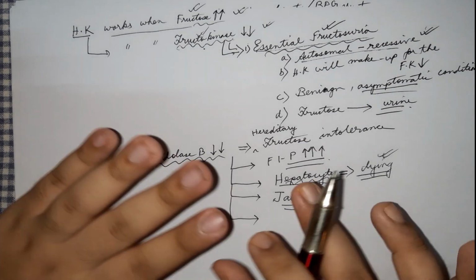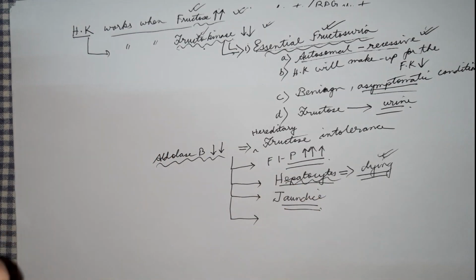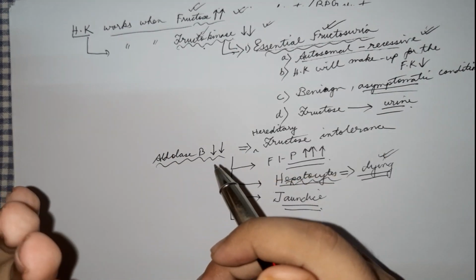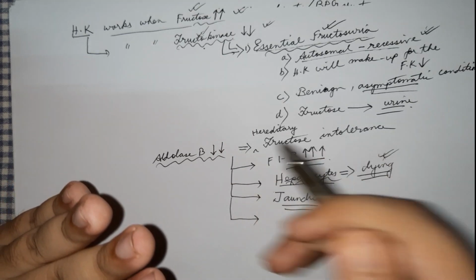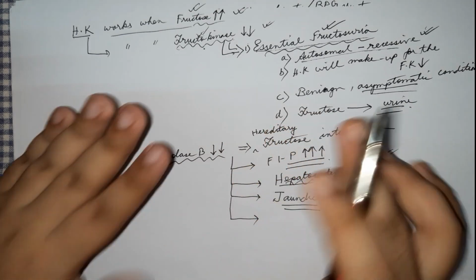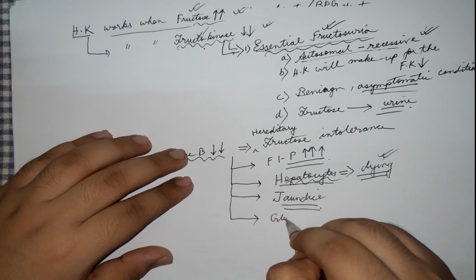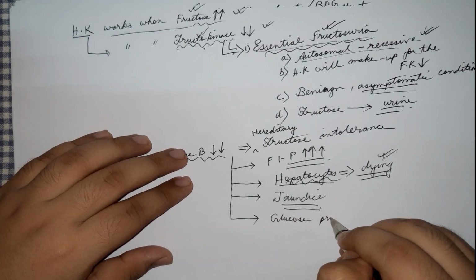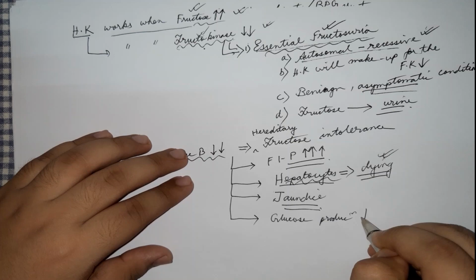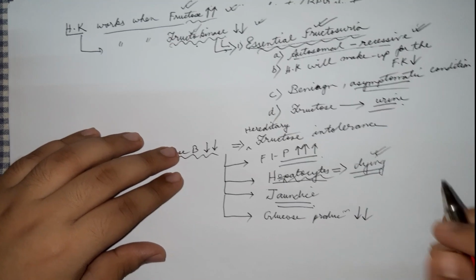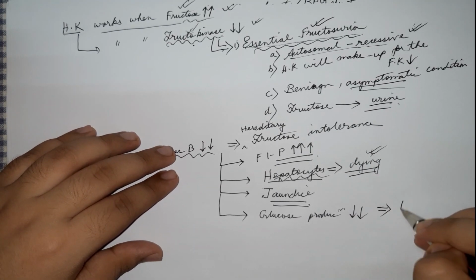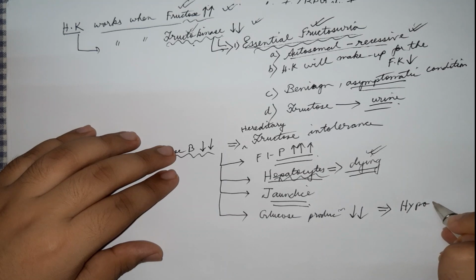So the body would itself inhibit its production of any other monosaccharide or carbohydrate, which would mean that glucose production will be inhibited by the body, which would in turn lead to hypoglycemia.